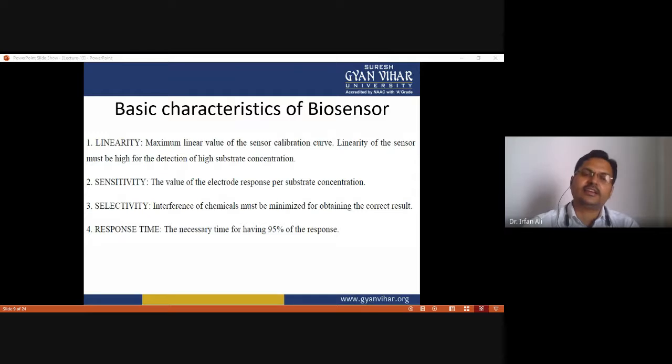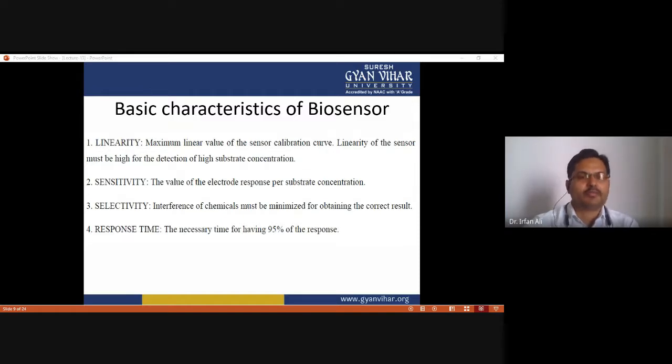This linearity determines the sensor's sensitivity, either for a very low range or for a large range of the analyte, or target analyte, which we have to detect in any kind of sample.